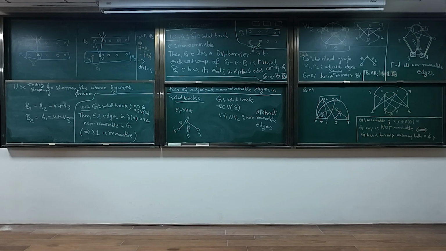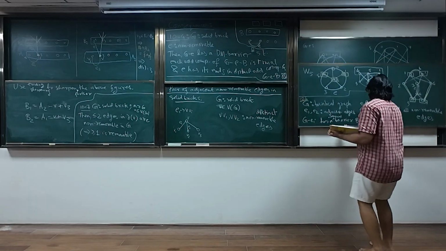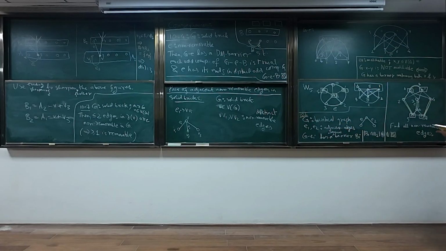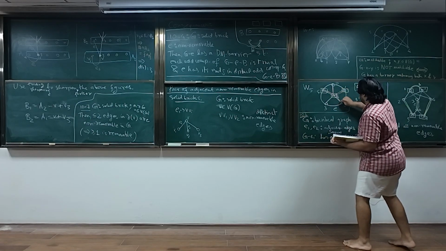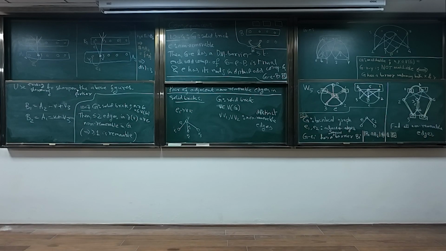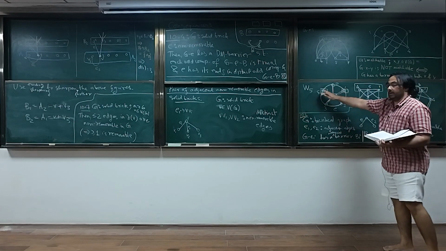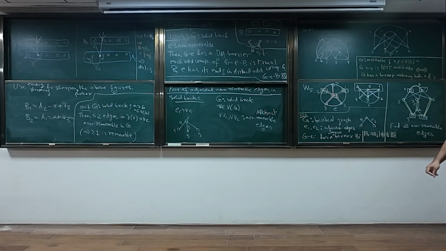Let us also take a look at W5. In W5, the removable edges are exactly these. And you see that at every vertex there is at least one. And in fact, at most two is best possible because you have exactly two everywhere here, in the outer vertices, the rim vertices.